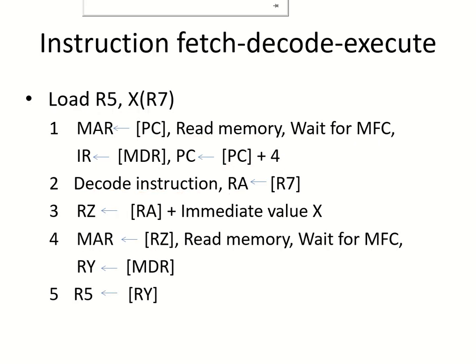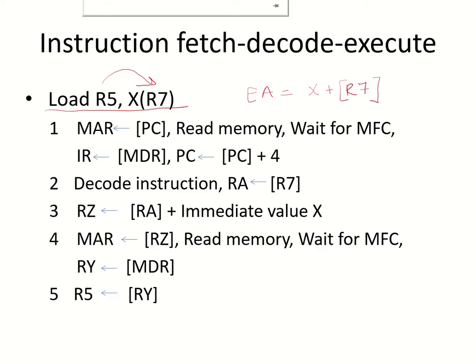Let us have a look at this load R5 X(R7). This instruction indicates that the contents of the memory location have to be loaded into R5, and the memory address, the effective address, is X plus the contents of R7.